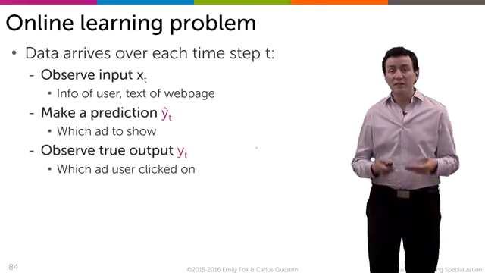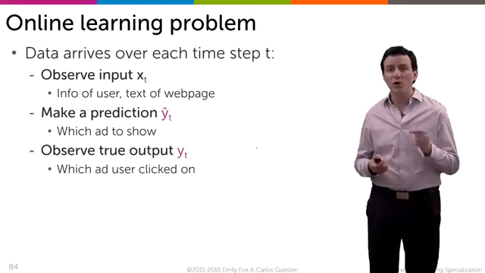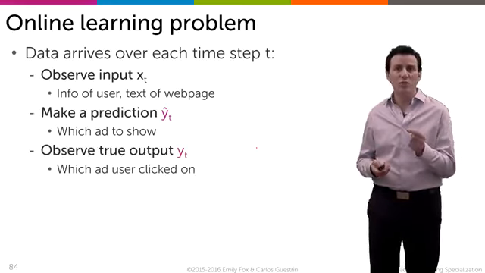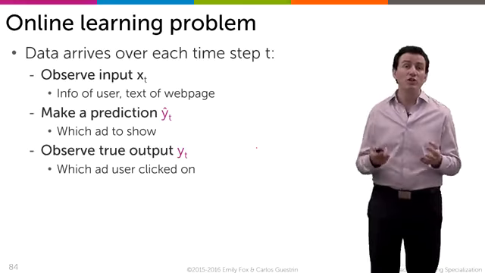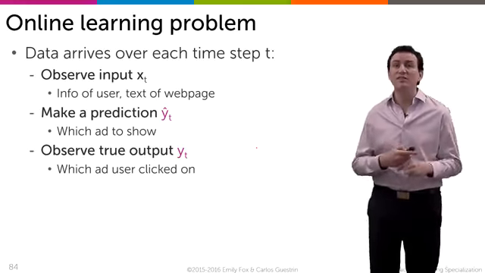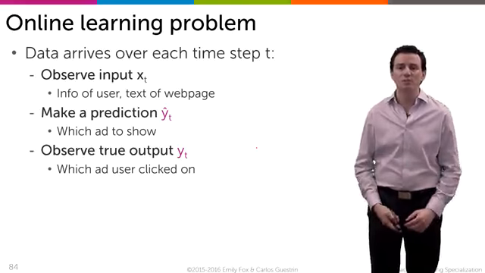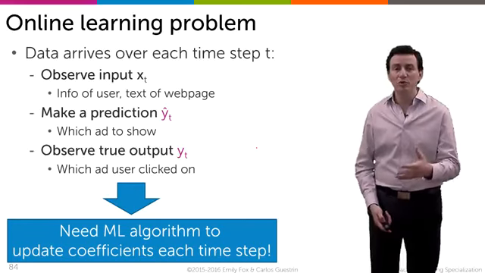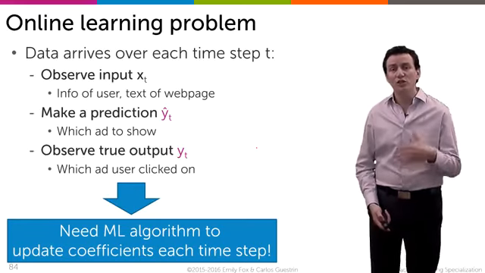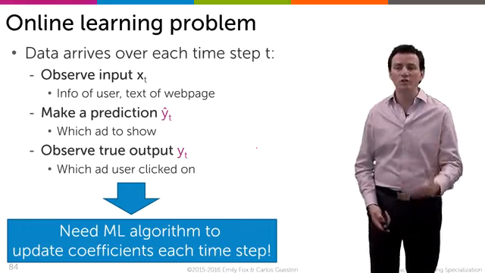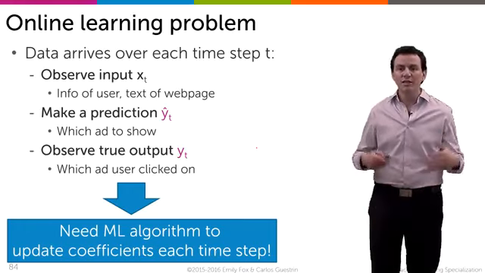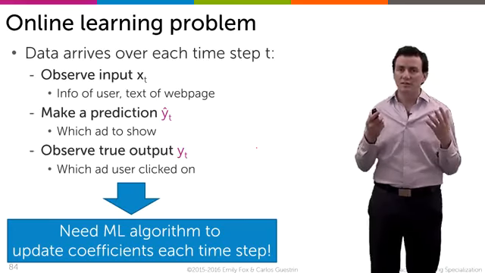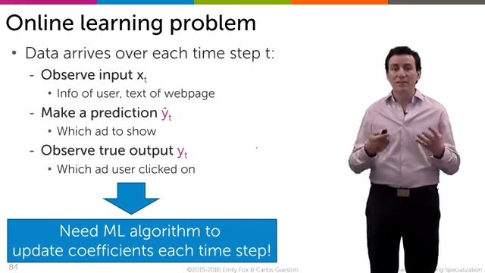And then, given what happens in the real world, whether you click on an ad, in which case yt might be ad 2, or you don't click on anything, in which case yt would be none of the above, no ad was good for you. Whatever that is, gets fed into a machine learning algorithm that improves its coefficients so it can improve its performance over time. The question is, how do we design a machine learning algorithm that behaves like this?